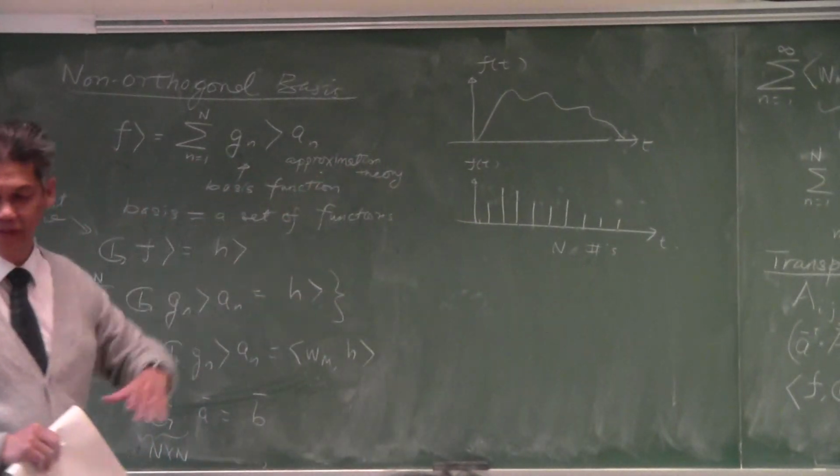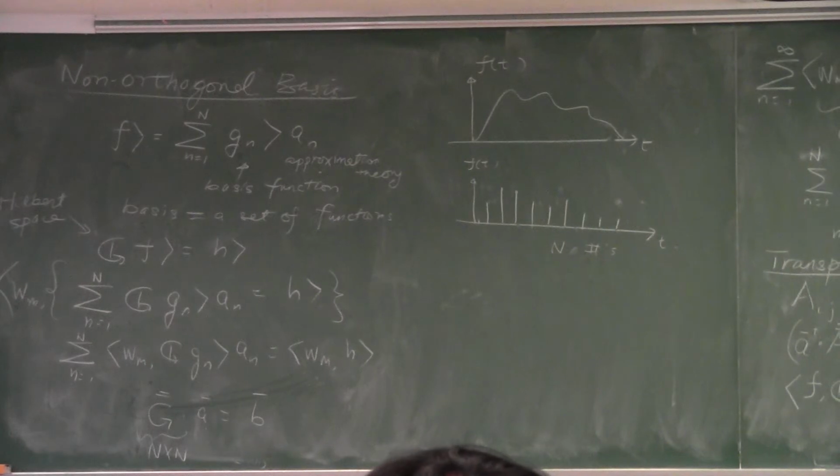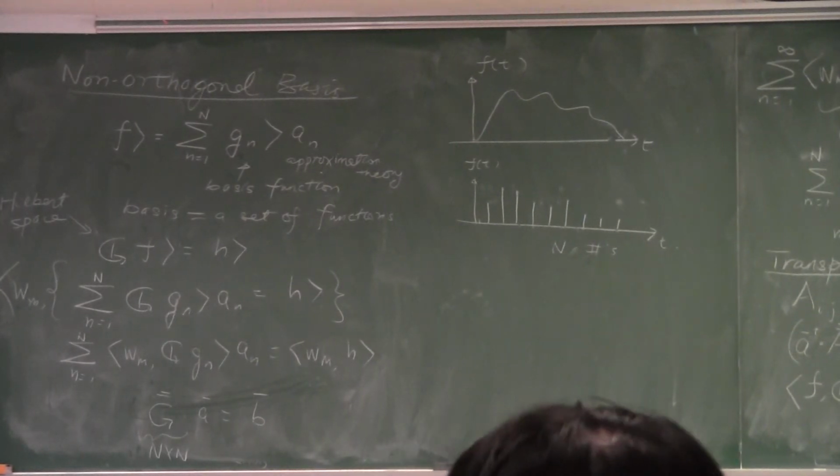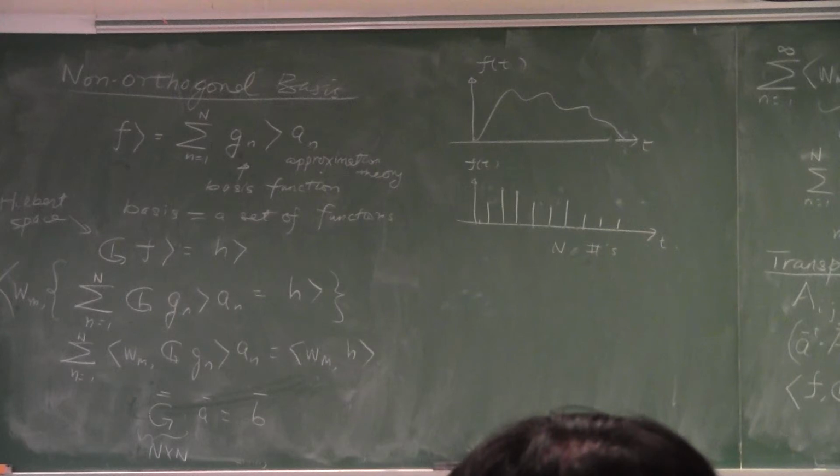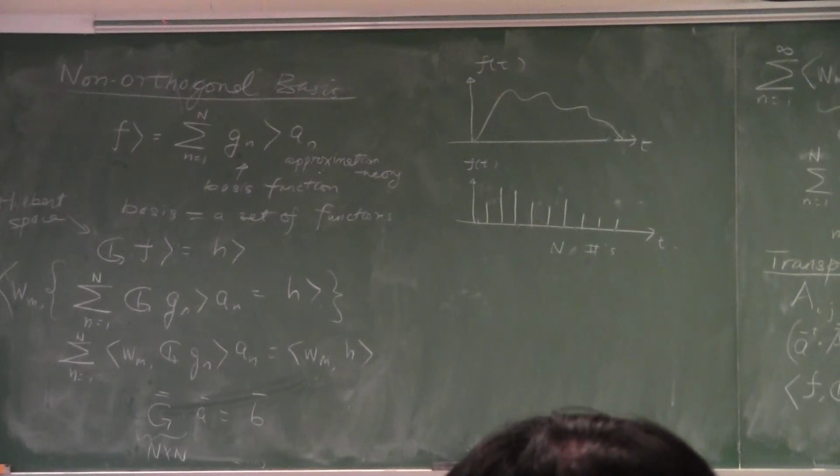When is the bottom a very good representation of the top? What kind of properties do we use? Yes? Nyquist theorem. Nyquist theorem, very good. Nyquist theorem is what we learn in signal processing. What else? That the bottom one will be a good representation of the top one.